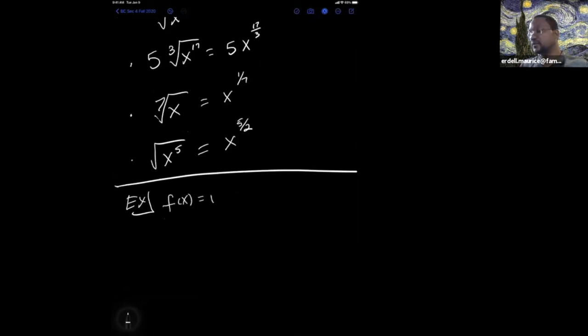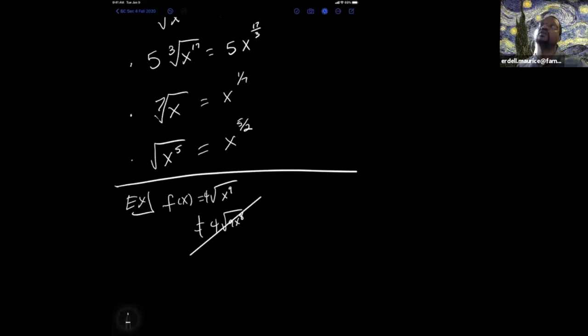So how does this help us, or why do we need to know this? Because if I want to take a derivative, I cannot take a derivative on the inside of a radical. If I have f of x equals 4 times the square root of x to the 9th power, the derivative is not 4 times the square root of 9x to the 8th. This is not the right answer.